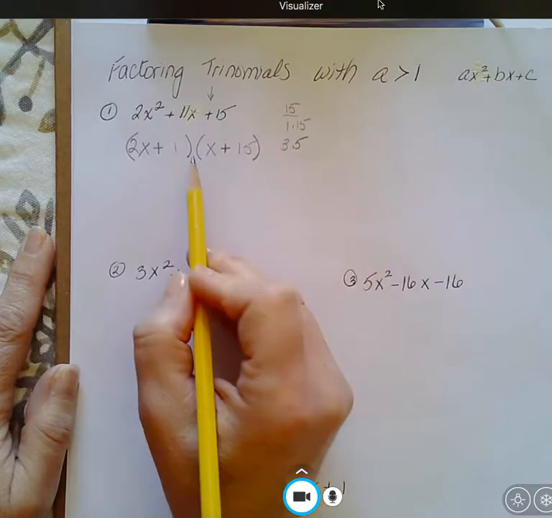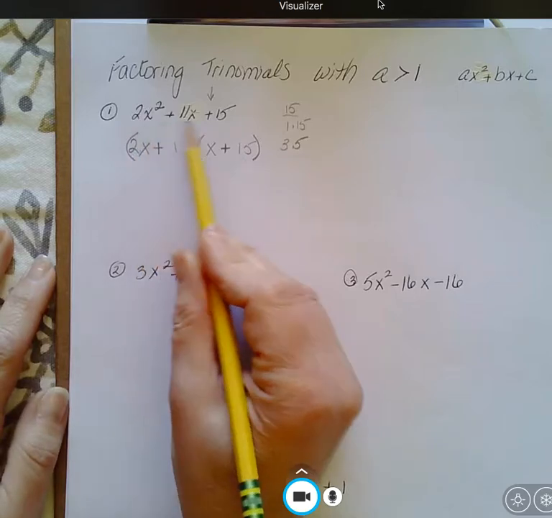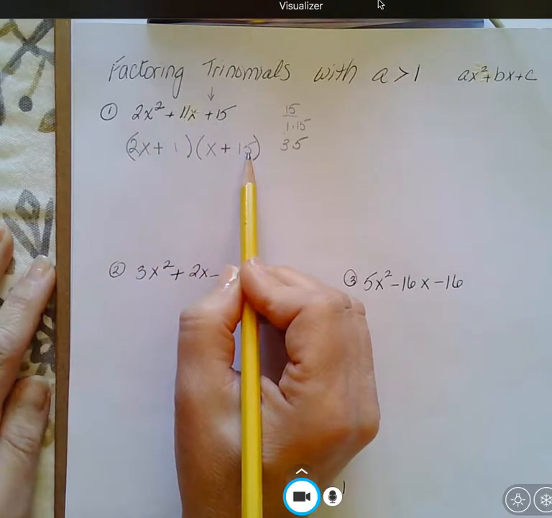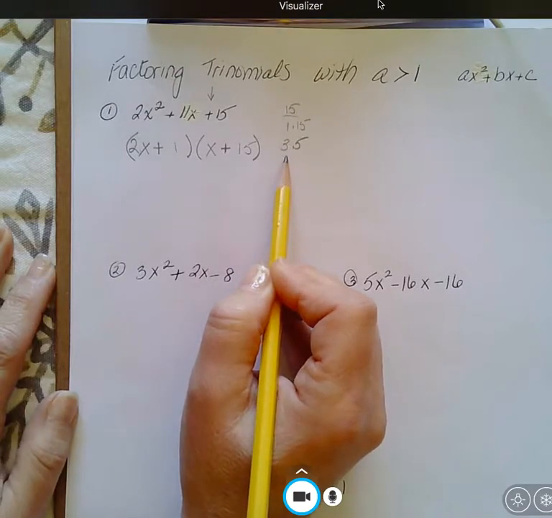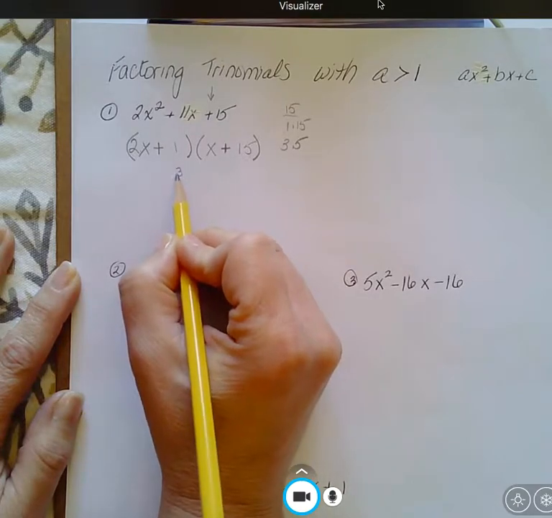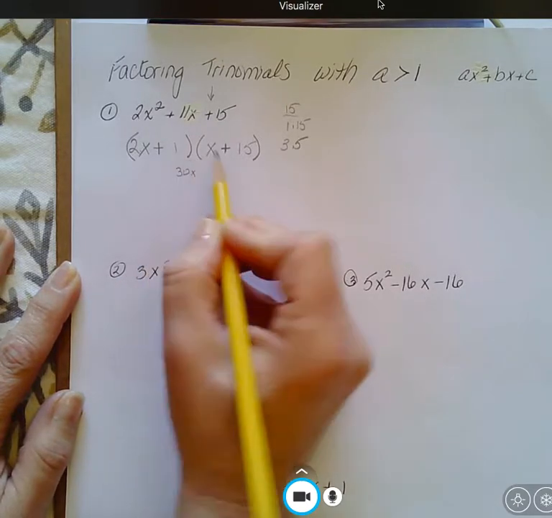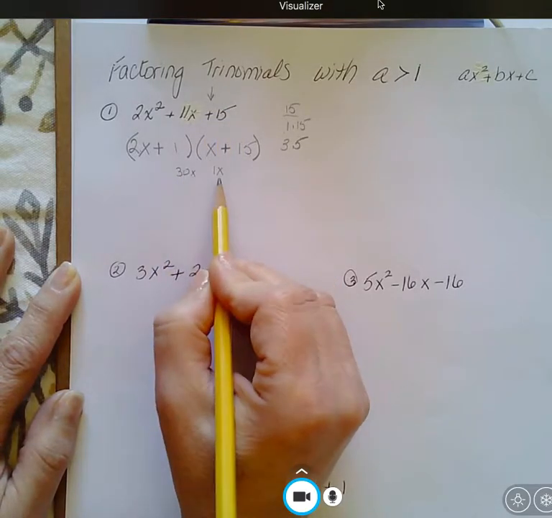And the thing is, it matters if they switch places because now you're multiplying times 2. So it looks like 2 choices, but it's really 4. So let's try. If I multiply my outers, that gives me a 30x. Multiply my inners, 1x, and I am adding, and that's 31.